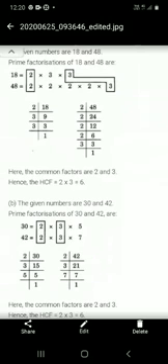Factors of 48: 2 into 2 into 2 into 3. Now which are the common factors? 2 and 3. Hence the HCF, you will multiply the common factors. 2 into 3 is equal to 6.